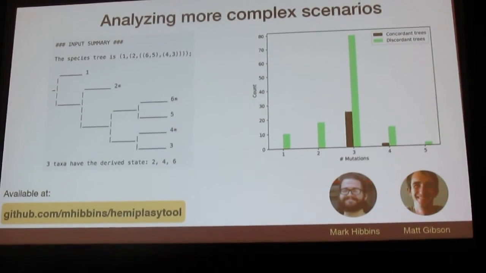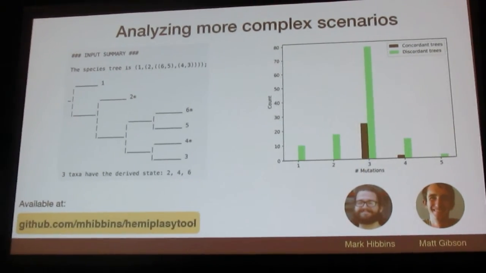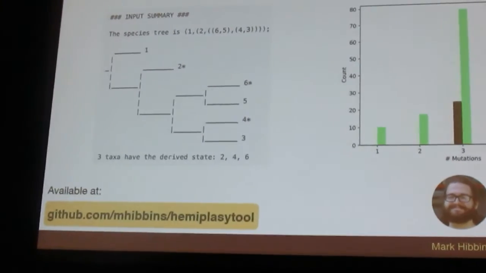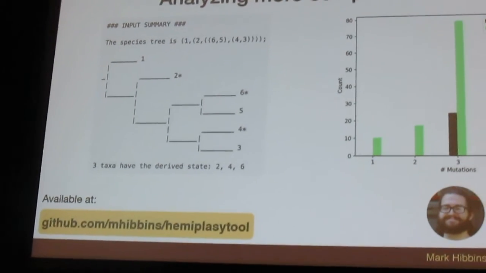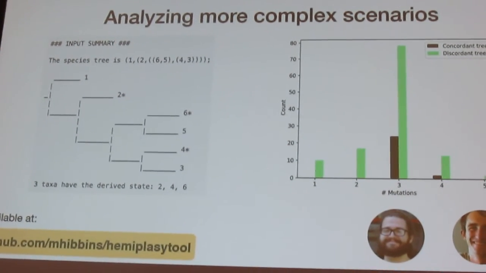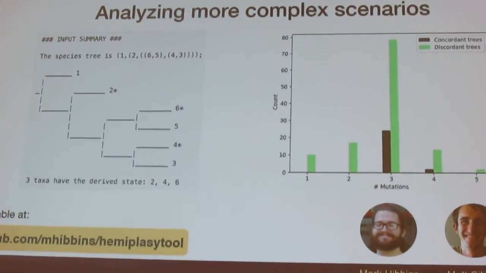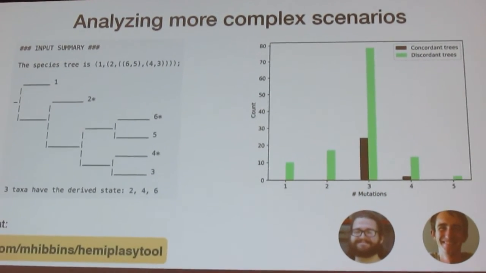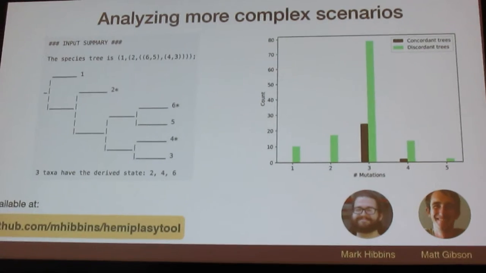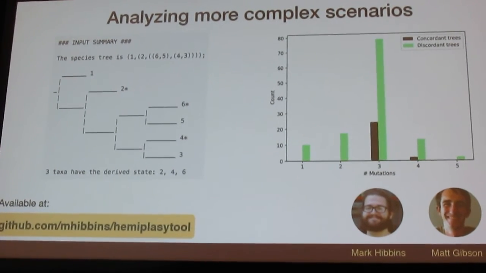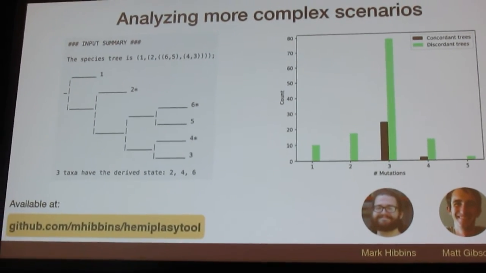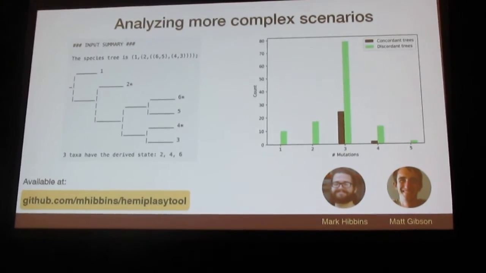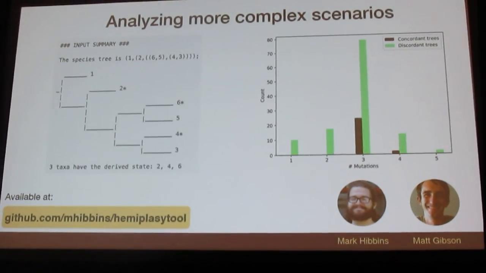The setup, the thing that we think is going to be more helpful, is that we want a setup that allows users to simulate an arbitrary phylogeny, allow for incomplete lineage sorting and multiple mutations or multiple transitions in your traits, and then it will give you a distribution of the number of mutations and the number of concordant and discordant trees that led to the pattern that you're more interested in.